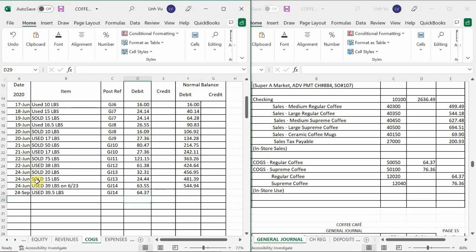Okay, so what should be my grand total cost of goods sold? $609.31. Okay.